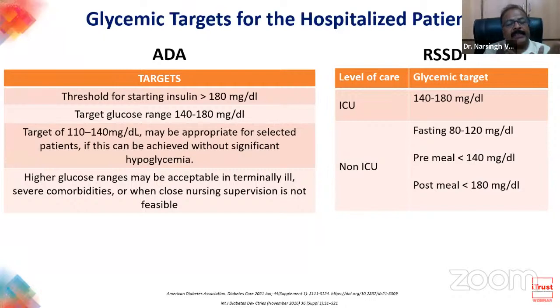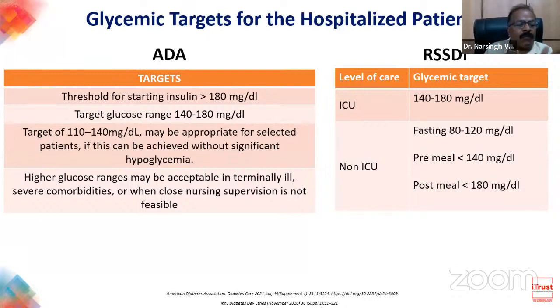The target glucose range we are targeting should be between 140 and 180. That is the best. If the blood sugar level is below 140, it has been seen that the outcomes are not better. And if it is more than 180, again, the outcomes get worse.